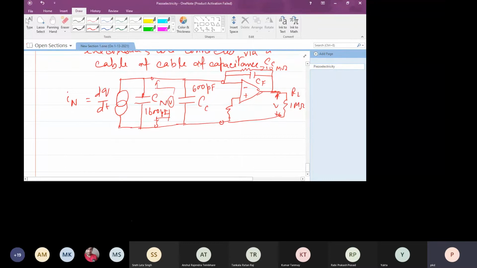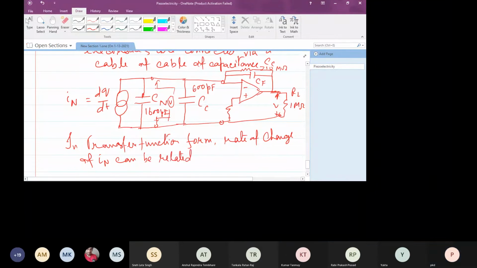Now in transfer function form, the rate of change of IN can be related to the rate of change of displacement, or deformation or strain.